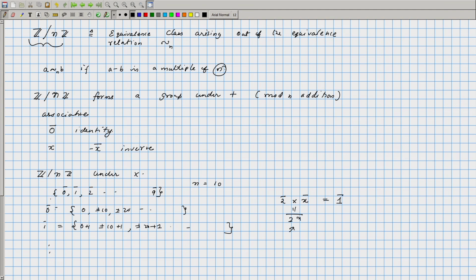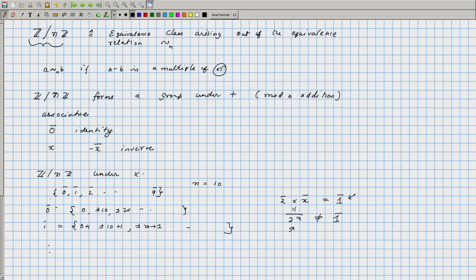If there is an identity, it has to be unique and it has to be 1 bar. But 2x bar consists of only even numbers, and therefore it cannot be equal to 1 bar. So clearly this set cannot form a group, at least when n is equal to 10. In general it cannot be a group under the multiplication operation.